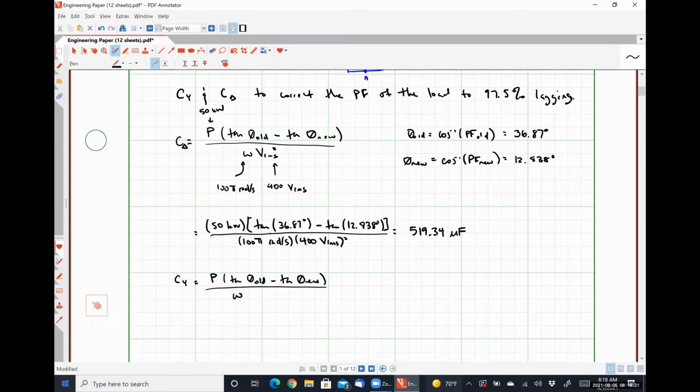Right. We're going to convert our line voltage to a phase voltage because our Y connected bank now has a line to neutral voltage across it.